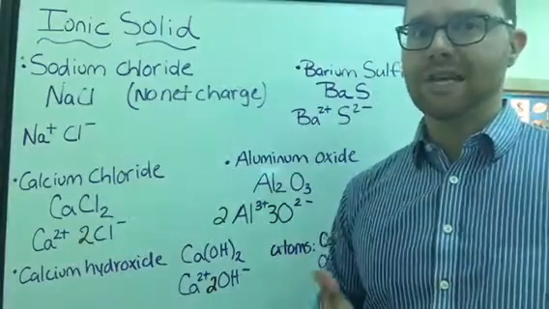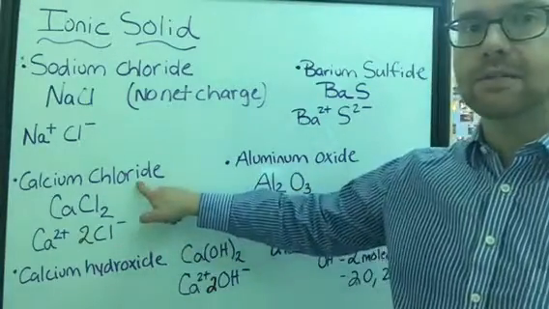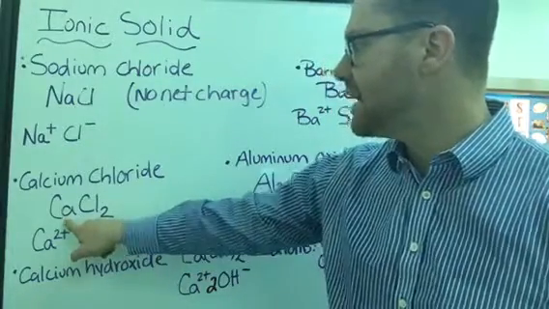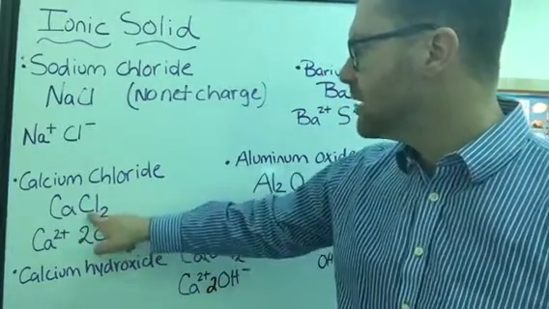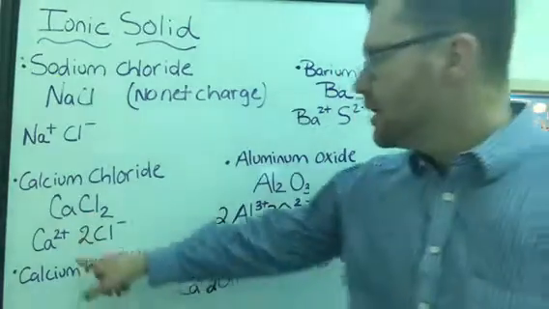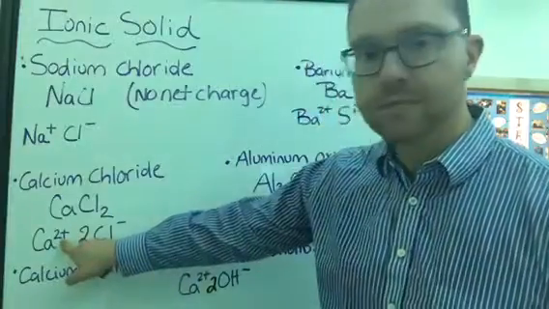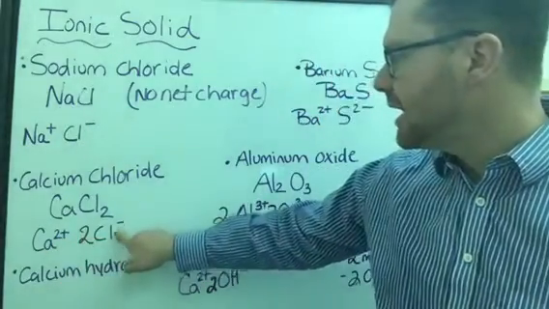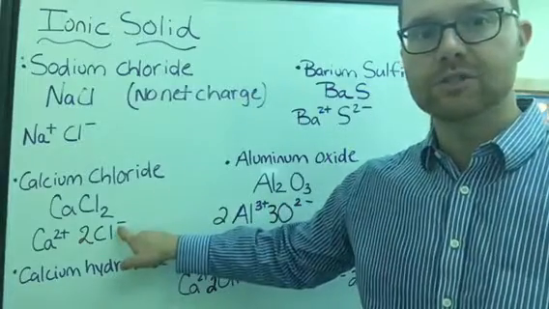Now it's not always that easy. For instance, take a look at calcium chloride. We have here, for every 1 atom of calcium, there's 2 chlorides. So what does that look like? When we look at the charges, we have a calcium 2+, that's the charge on the calcium cation, and chloride has a -1 charge.